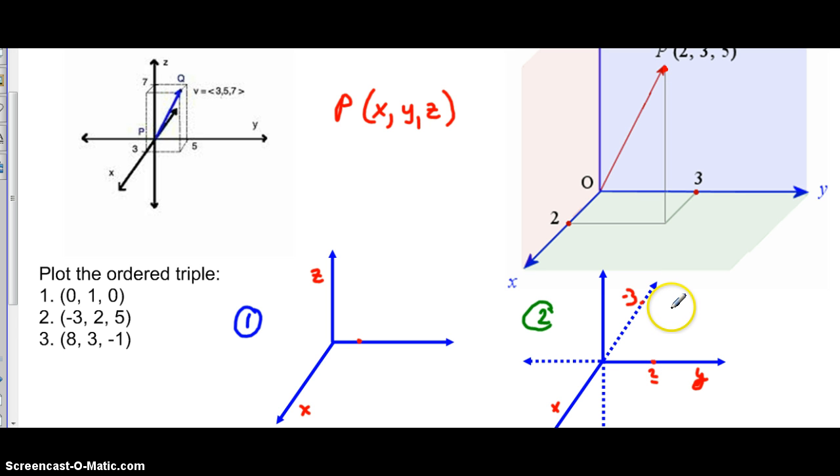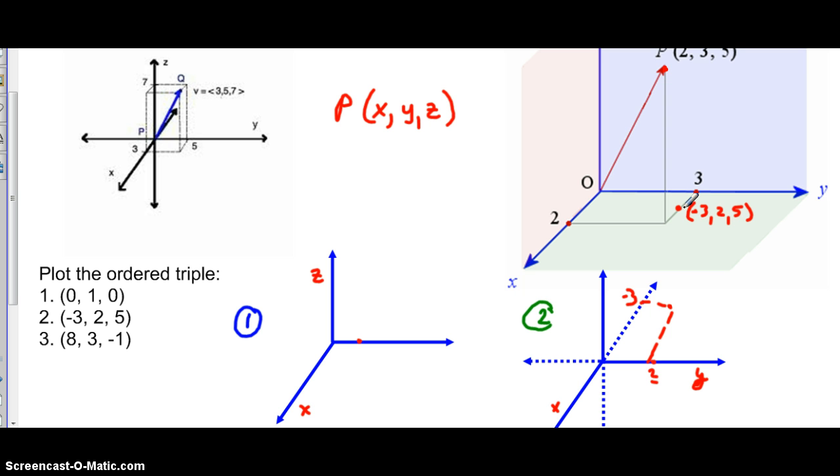Now we're going to be going in the positive 5 in the z direction. One good habit when you're drawing these is to make it look 3D as you go. So from here we're going up 5 in the z, right up top: 1, 2, 3, 4, 5. So that would be where point (-3, 2, 5) would be drawn.